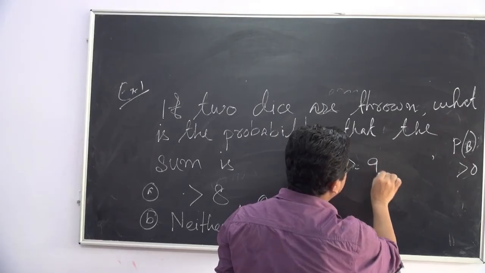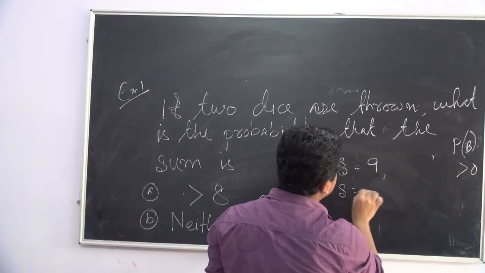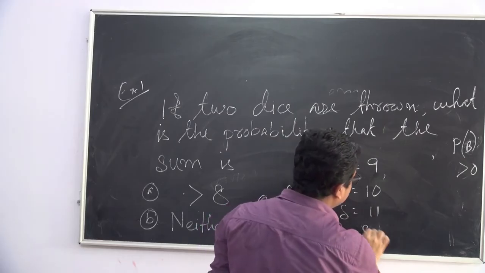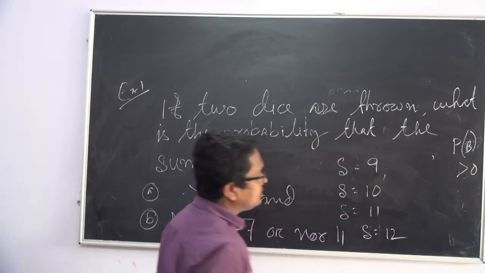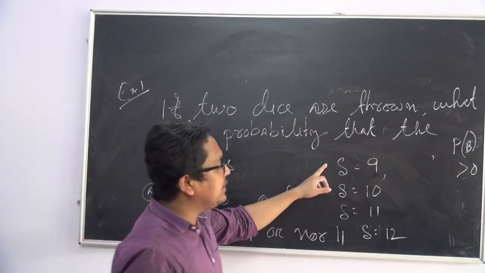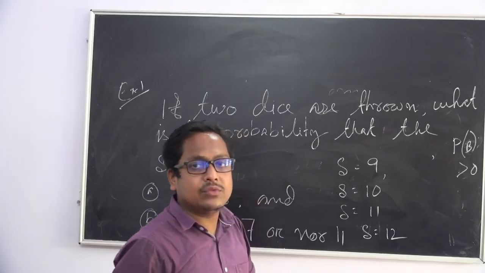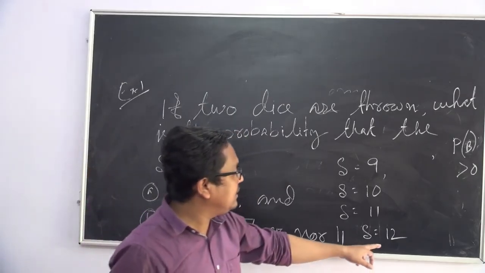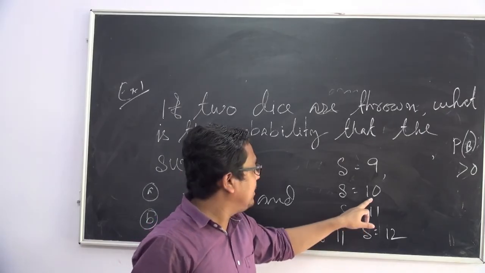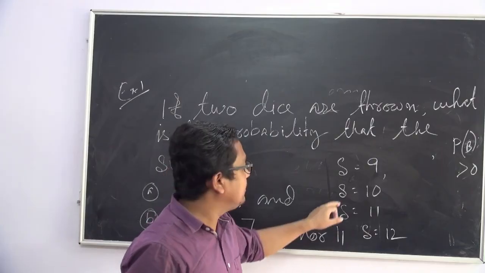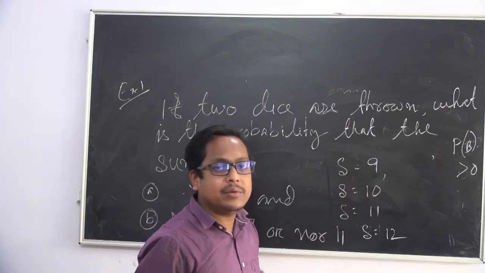That means S is equal to 9, S is equal to 10, S is equal to 11, and S is equal to 12. This is the maximum. We can get 6 outcomes from a single die, so 6 plus 6 will be up to 12, or maybe 6 and 5. These are the sums we can get: 9, 10, 11, 12.